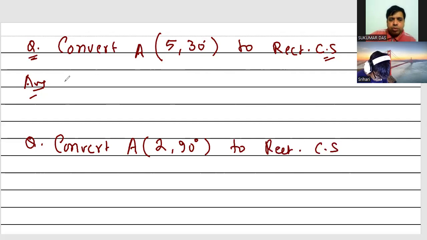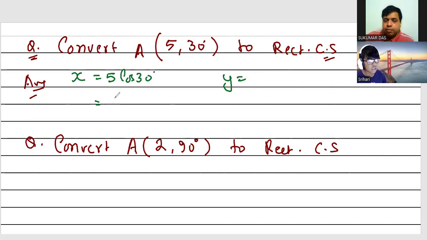So tell me for the first one, how are you doing? You want the x coordinate and the y coordinate, so r and theta. r is 5 and theta is 30. When solving for the x coordinate, x equals r cos theta, so that is 5 cos 30. Cos 30 is √3/2, so 5 times √3/2. Perfect, so you can write 2.5√3.